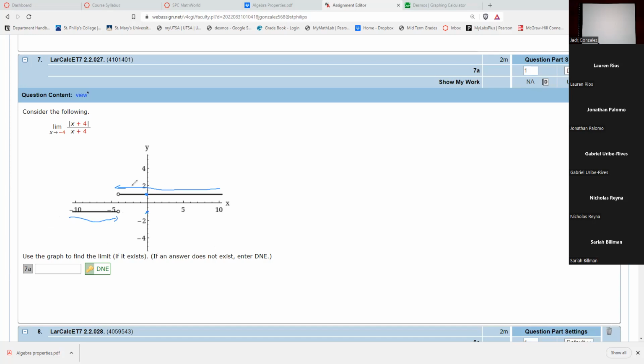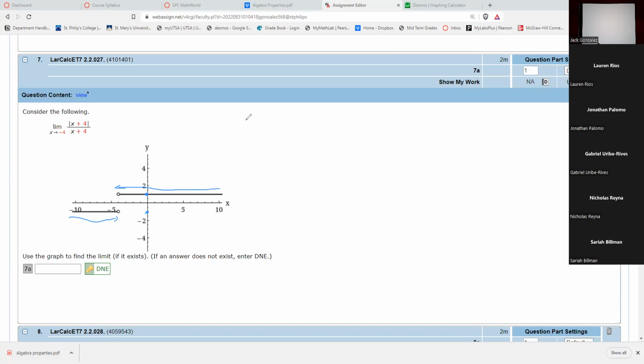You see how they're not the same from the right and left? If it is not approaching the same thing from both sides, then the limit does not exist. So you do have a thing called single-sided limits, but the actual limit doesn't exist.